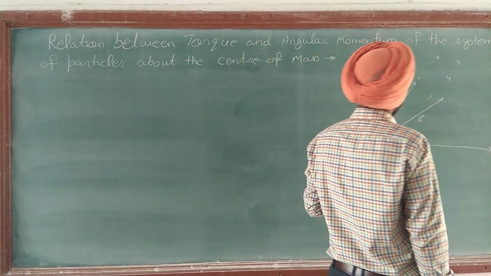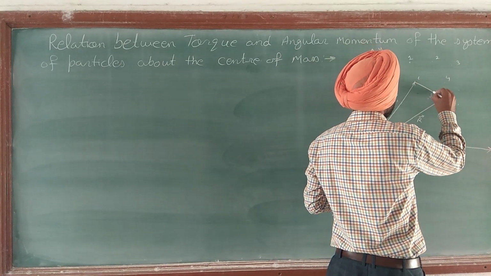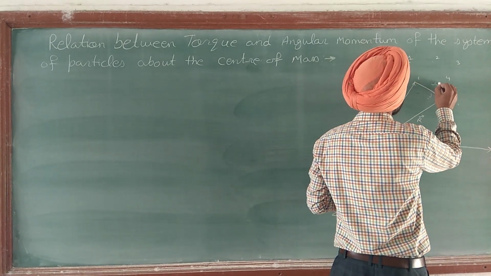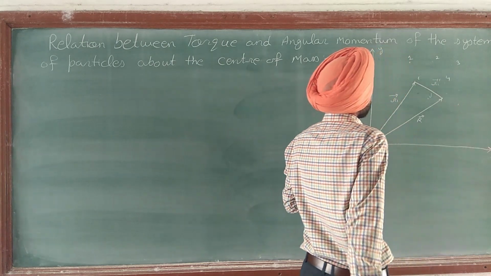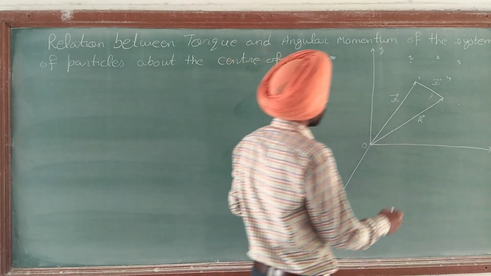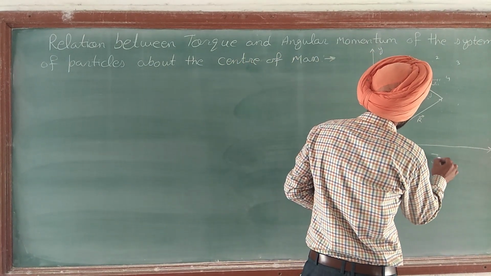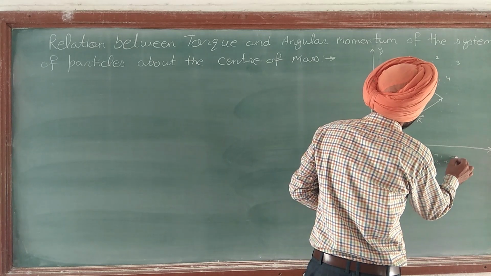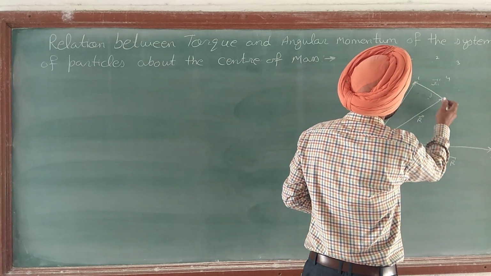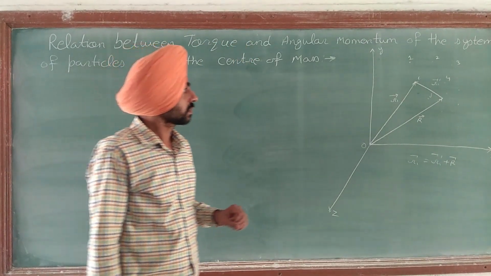Now, if ri prime is the position vector of the ith particle with respect to the center of mass, then from the triangle of vector addition we have vector ri equal to ri prime plus vector R. This is the position vector of the ith particle with respect to the center of mass.